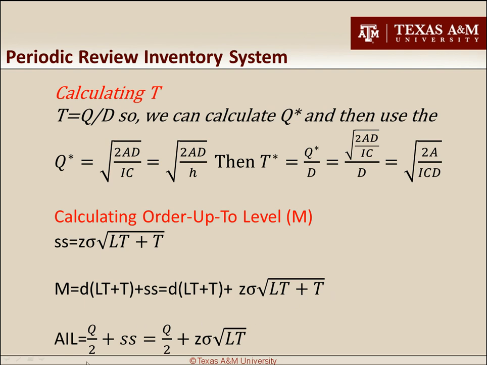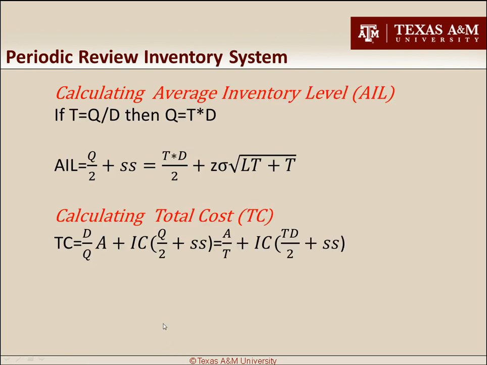Average inventory level calculation as a concept doesn't change. And you do the calculation here, and then for the total cost calculation, again, you can use the earlier formula we know, or say that if T equals Q over D, then Q equals T times D, and replace all Q's with T times D, and you will get this next formula, which is A over T plus IC TD over 2 plus the safety stock.